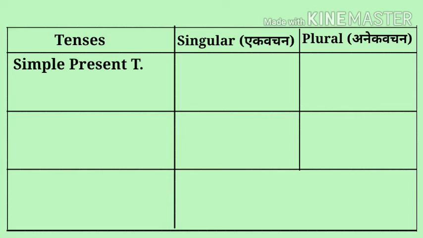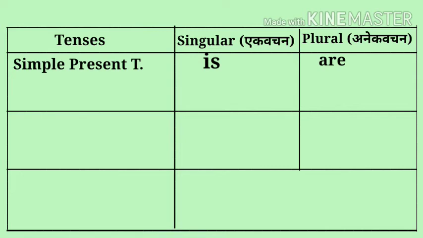See the chart. Simple present tense, in singular you have to use is, and in plural form you have to write are. It means that if your object is singular and the given sentence is in simple present tense, you have to use is, and if your object is plural you have to use are. Understand?